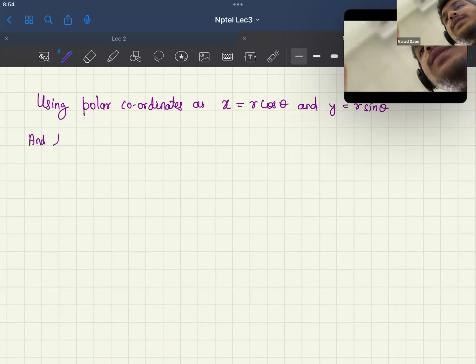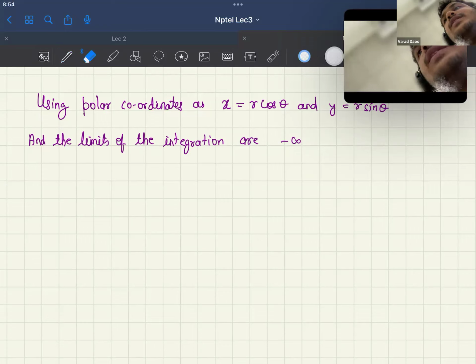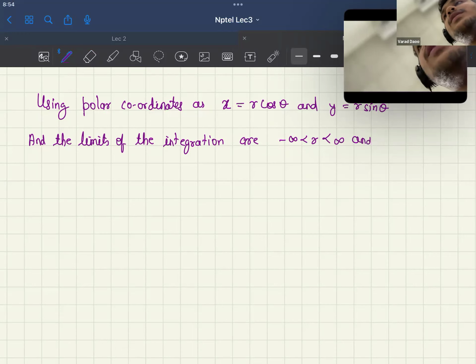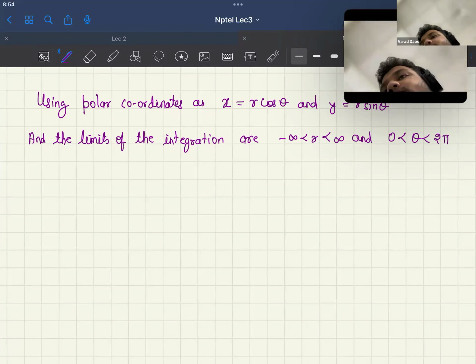And the limits of integration are r from minus infinity to plus infinity and theta is going to be between 0 and 2 pi, right?